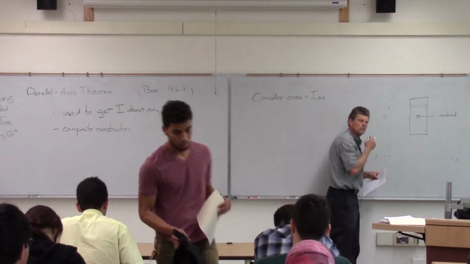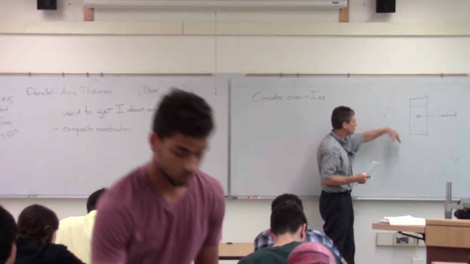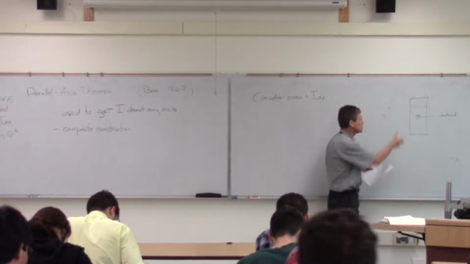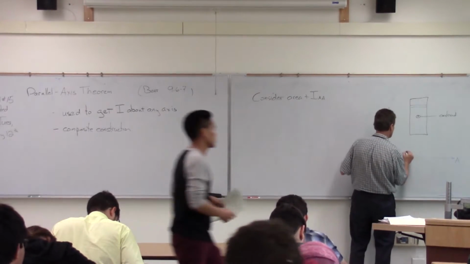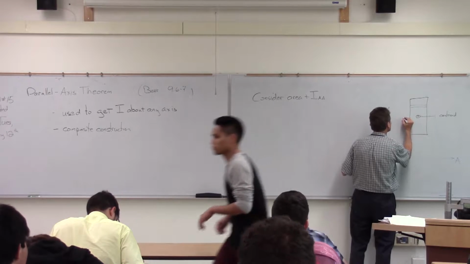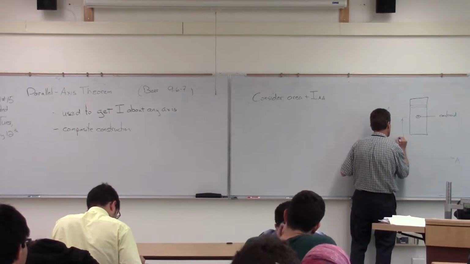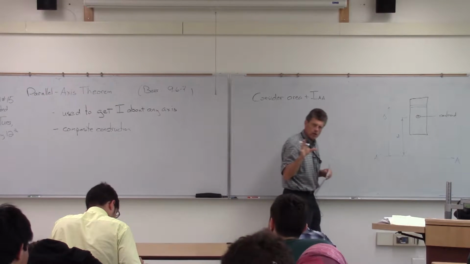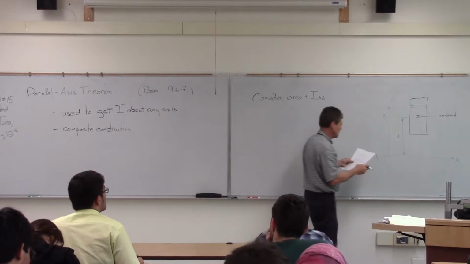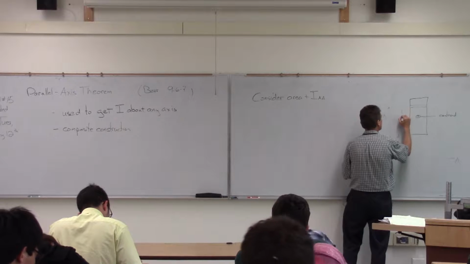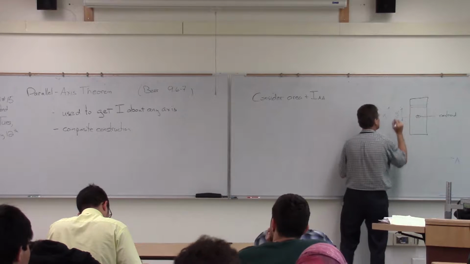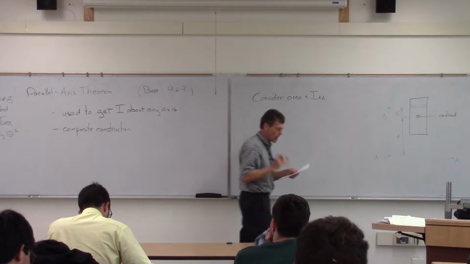We're going to take this, and when we do the integration, remember we used y in this particular case for our integrand. But what we're going to do in this particular case is define the distance to the centroid as d, and then this little extra piece is y prime.